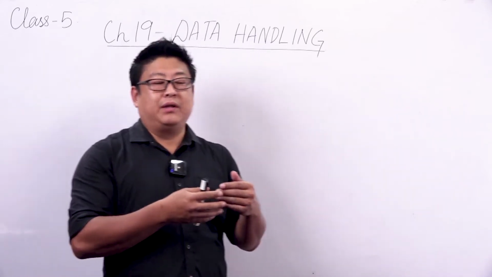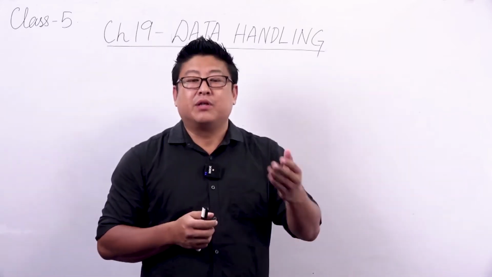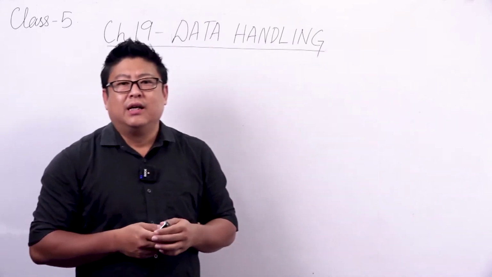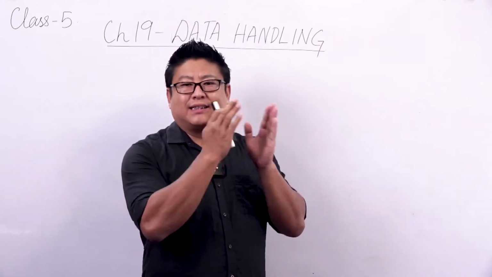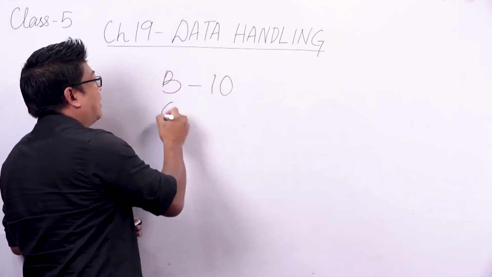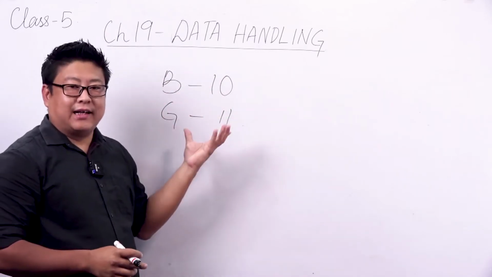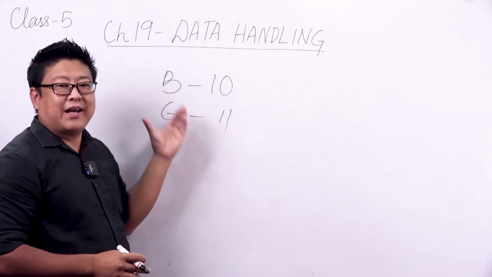For example, you're comparing the number of boys and girls in your class. If the number of boys is 10 and the number of girls is 11, this is collecting data. This is called collection of data.